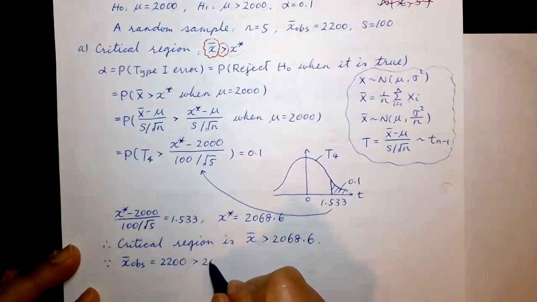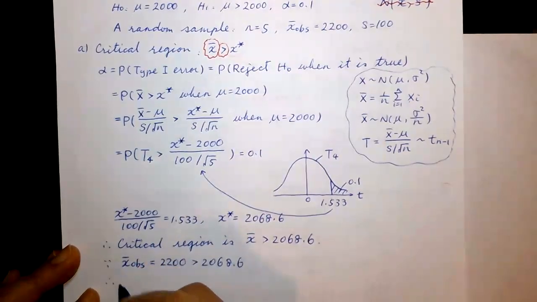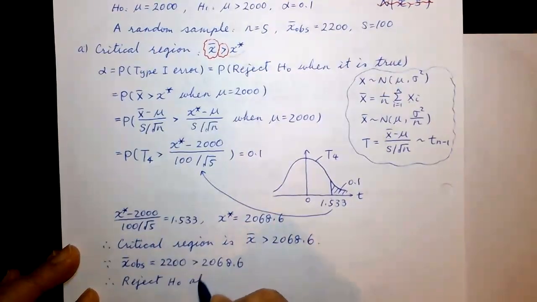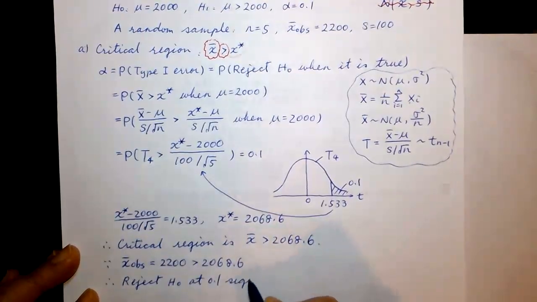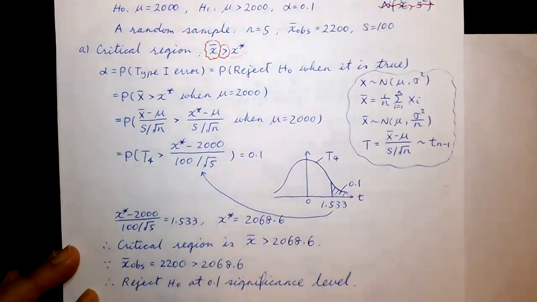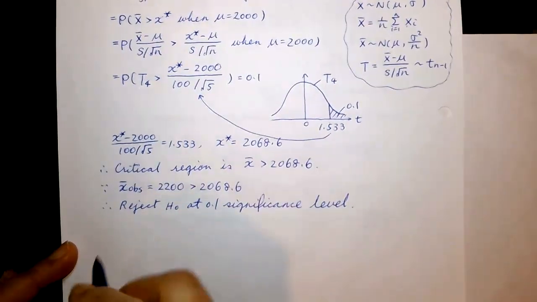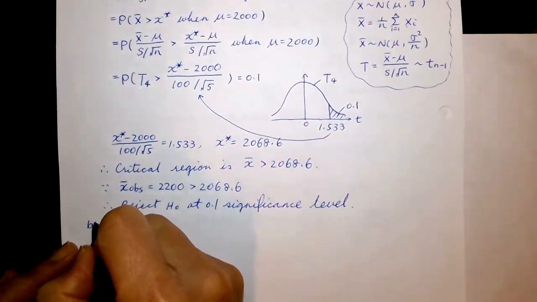This value is greater than this critical value, meaning the sample mean falls in the critical region, so we reject H naught. This is the complete work for the critical region method.